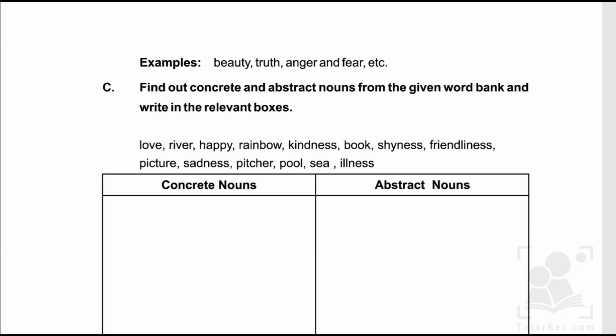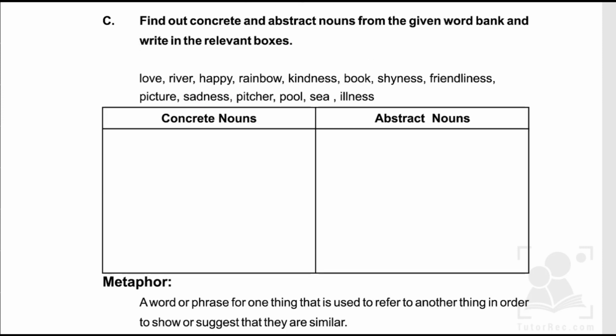Now we have the same exercise again. We have been given certain words and we are supposed to put them accordingly. So let's find concrete nouns first. River. We can see, touch or feel it. It's concrete. So we need to put it over here. Then these are all abstract. Book is a concrete noun.